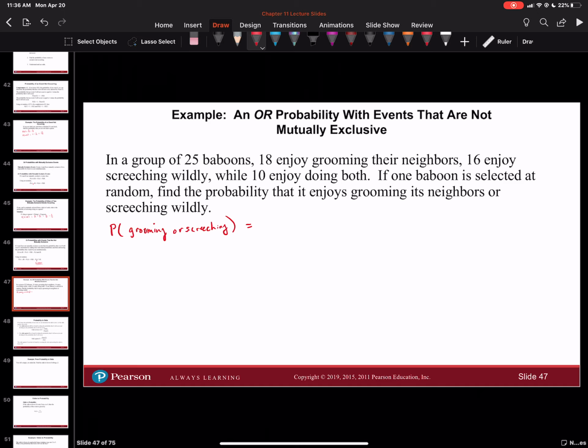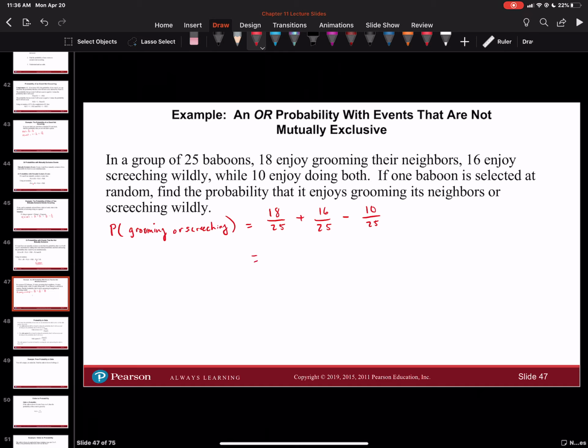It tells us it's 18, and that'd be 18 out of 25. Plus the probability of screeching would be what? 16 out of 25. Minus the probability of them doing both, which would be 10 out of 25.